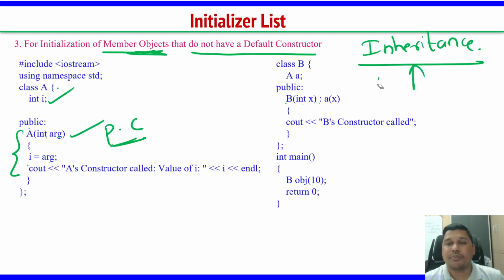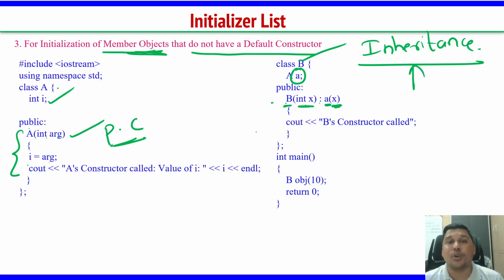See, we wrote B of int x, that is B means the class name, int x means the variable, this is a parameterized constructor, colon the actual private variable, that is a. What is the actual private variable here? a, meaning an object that I am copying into x, right?